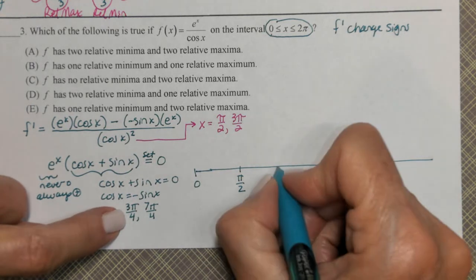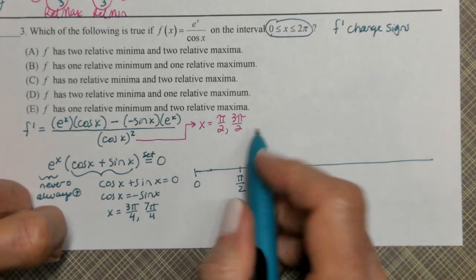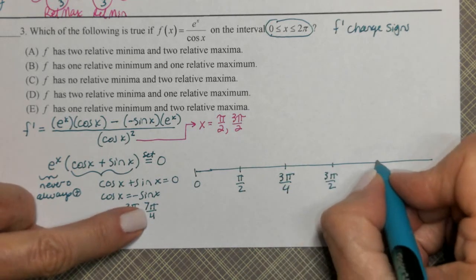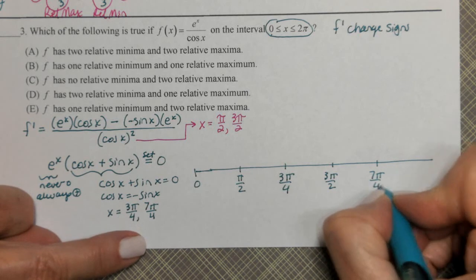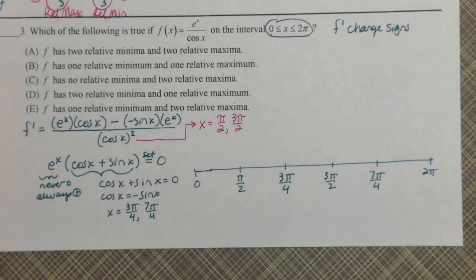Then 3 pi over 4 needs to go on. Then 3 pi over 2 needs to go on. Then the 7 pi over 4. And then lastly my 2 pi. Okay? We're going to pick one value and do it well because we're going to be using it.